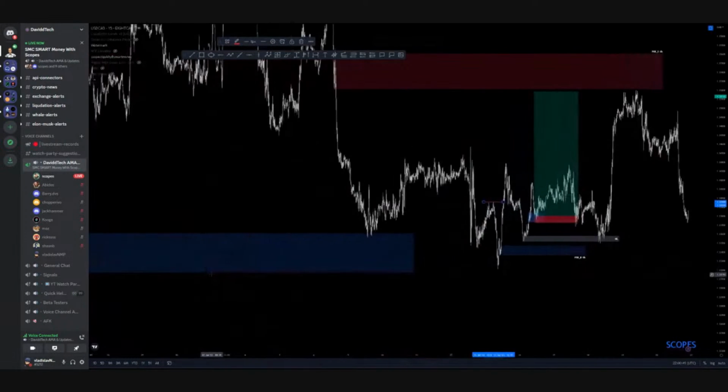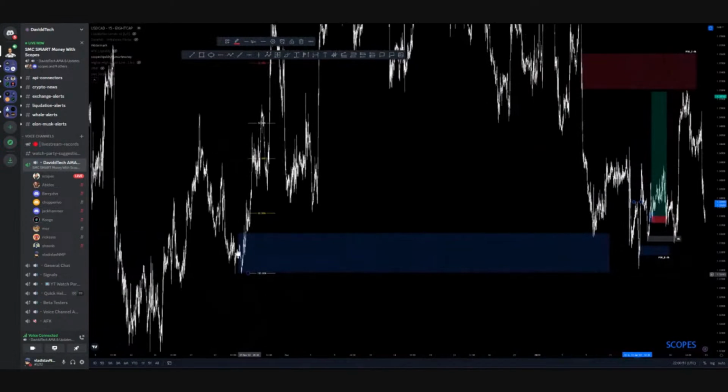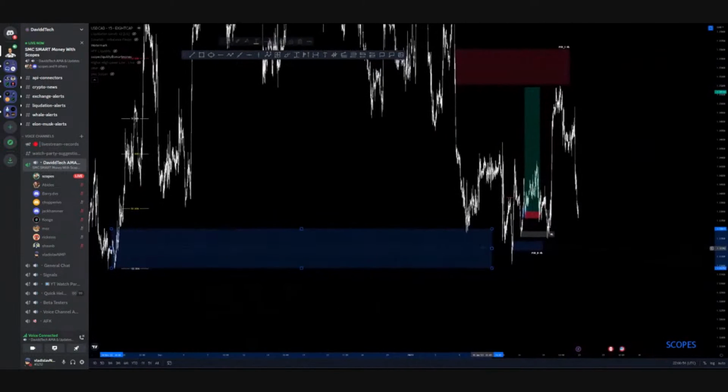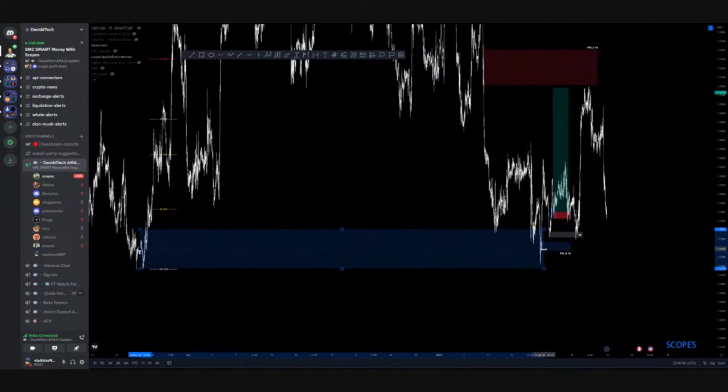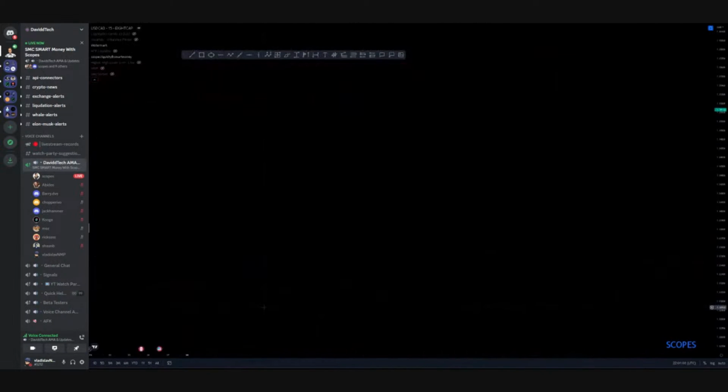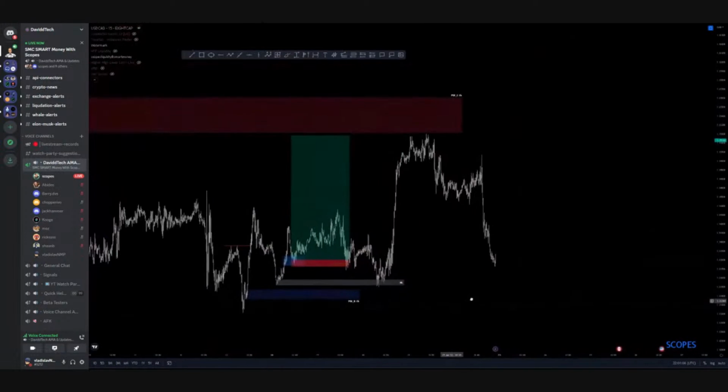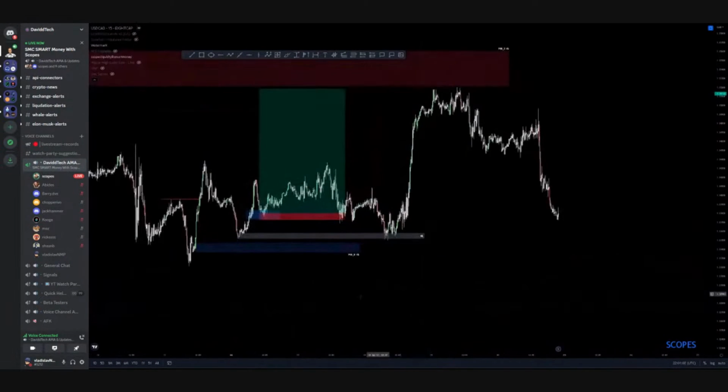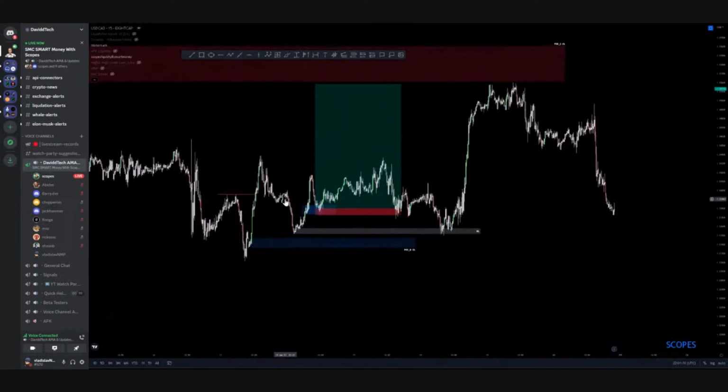But if you notice, this has been a key level for so many times. It's been hit multiple times. So what I did with this is I watched this retracement all the way back down.